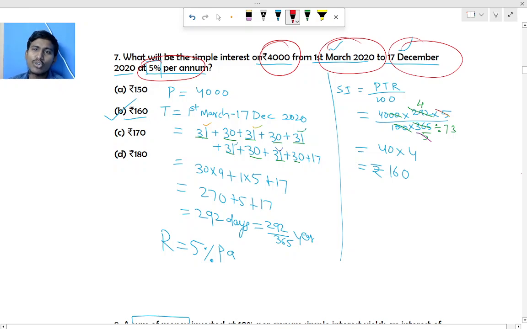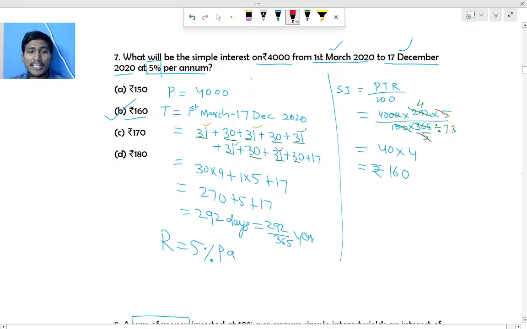Okay. So yes. So how many days total? If you see here, principal is 4,000 rupees. Time is how much? 1st March to 17th December. So here we know 2020, March, then April, May, June, July, August, September, October, November, December. So till that. March has 31 days. Then after March, April is 30 days, right?